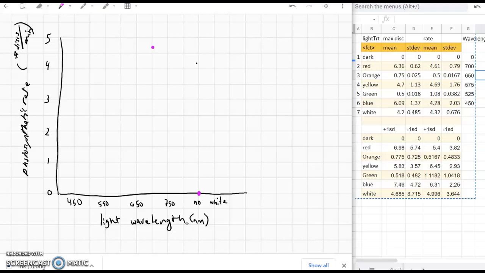We then have orange, which is at 650. Yellow at 575, and yellow's at 4.69.